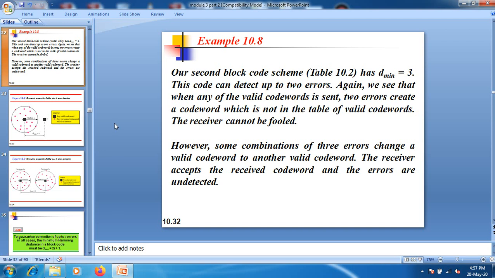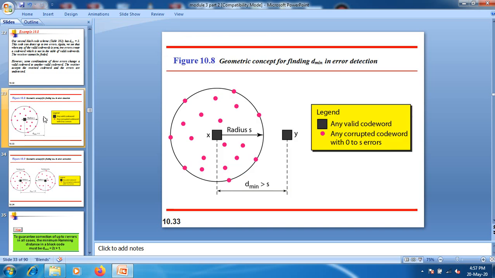Consider here we have a code word that resides at the center of this circle, and the possible errors reside within the perimeter of this circle.